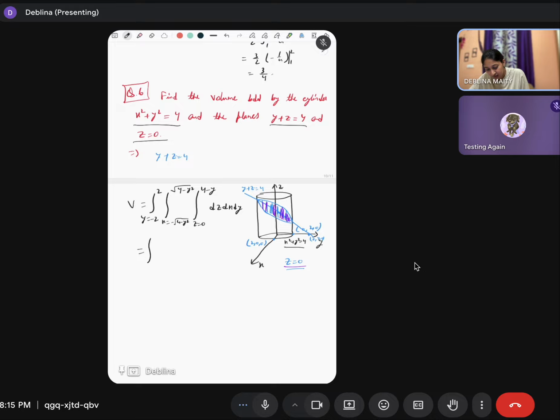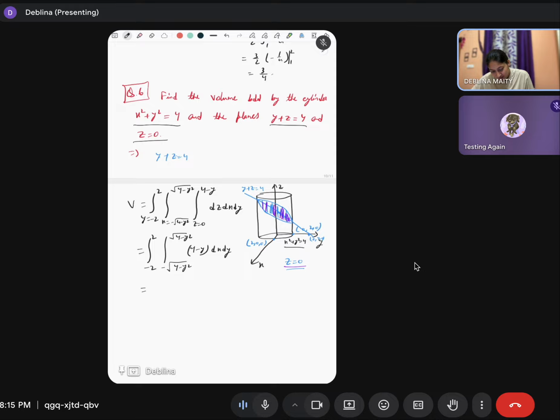Okay, so this value is 4 minus y dx dy, right?